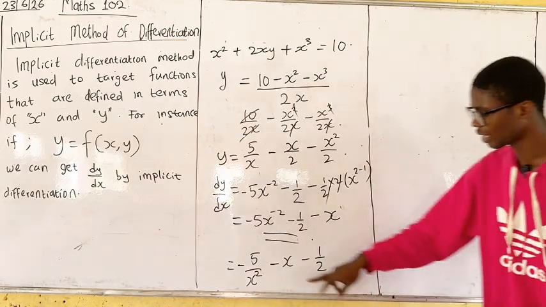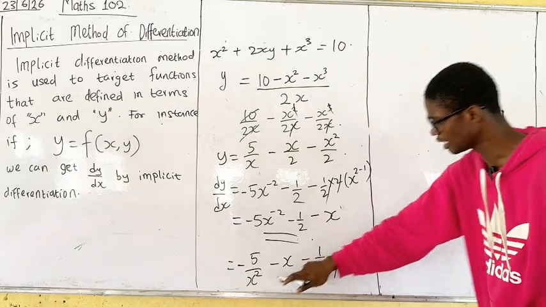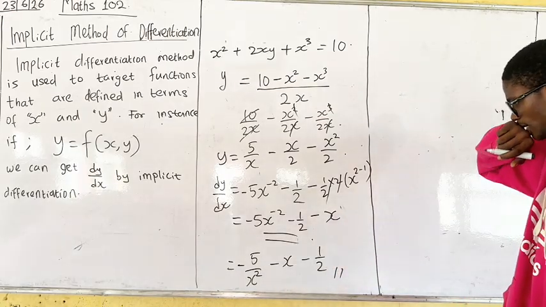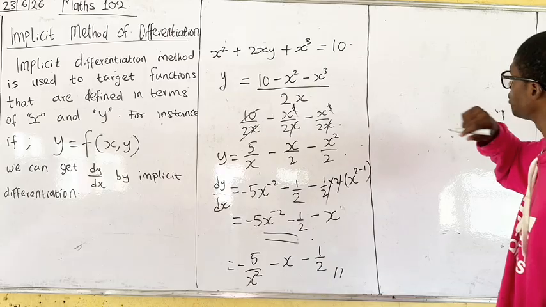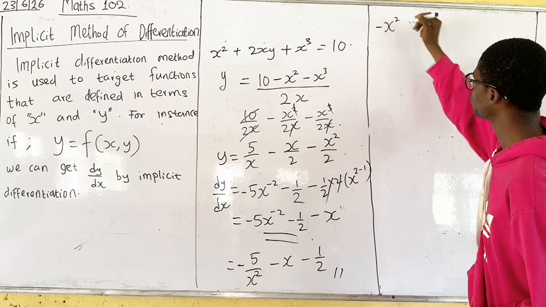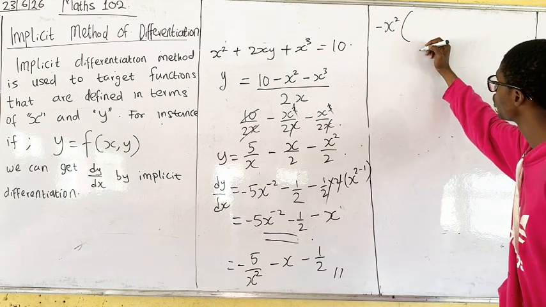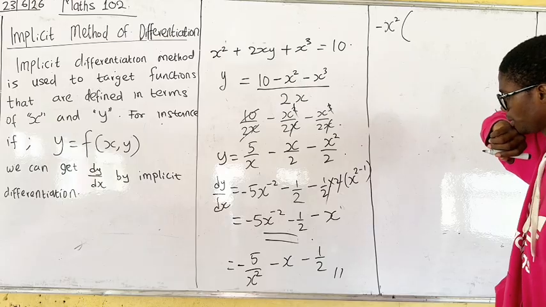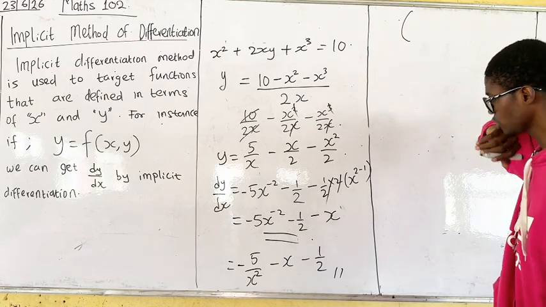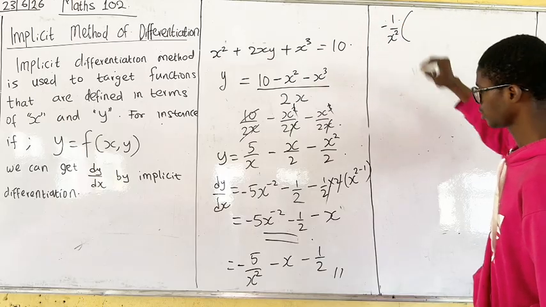Or I can factor out x squared, right? Or I can say, if I multiply through by x squared now, what will it be? Let's just have minus 1 over x squared.